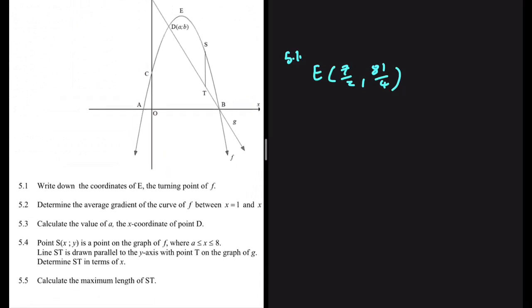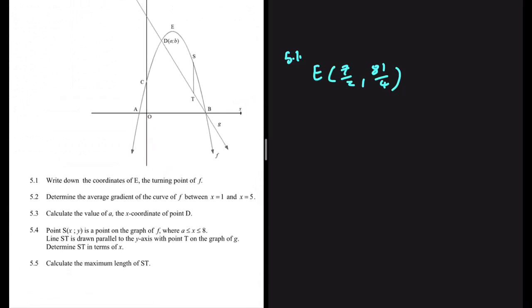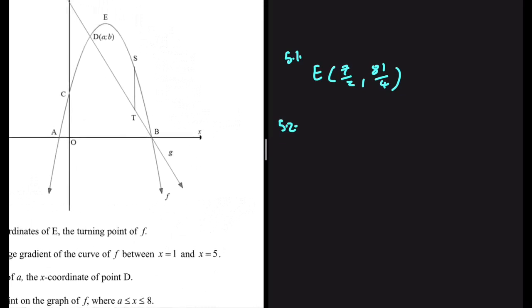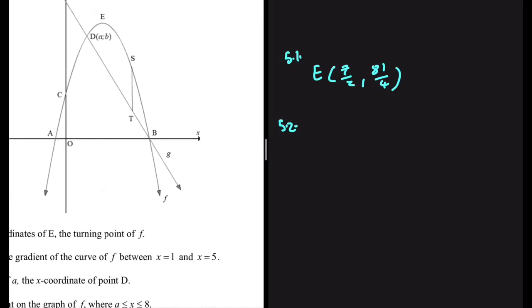Let's look at the question that follows. 5.2: Determine the average gradient of the curve of f between x equals 1 and x equals 5. So we're looking for the average gradient. Let's just remind ourselves what gradient is.